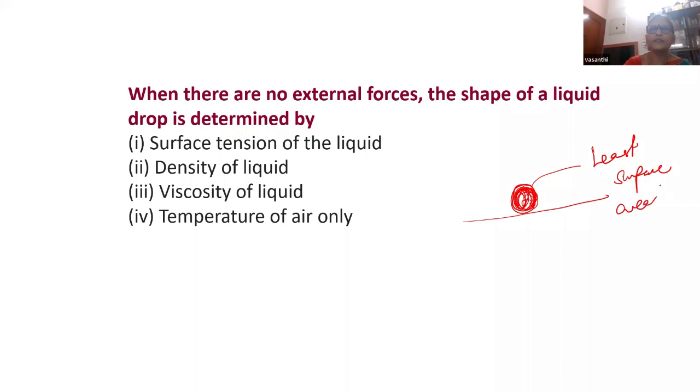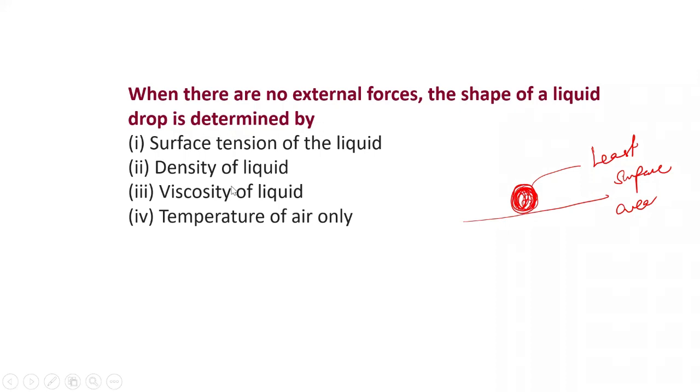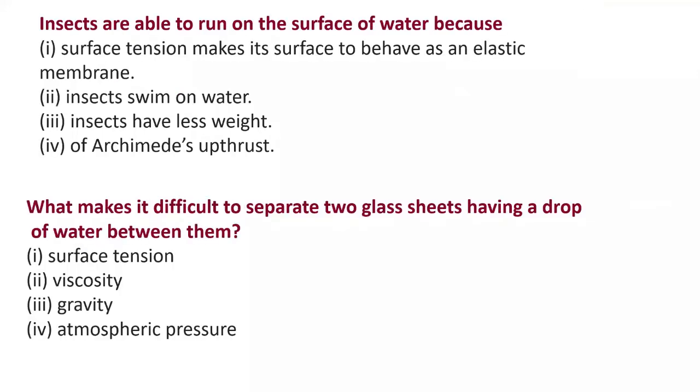That property is only surface tension. So what is the answer for this? The shape of the liquid is determined by what? Is it viscosity, density, temperature, or surface tension? Surface tension.